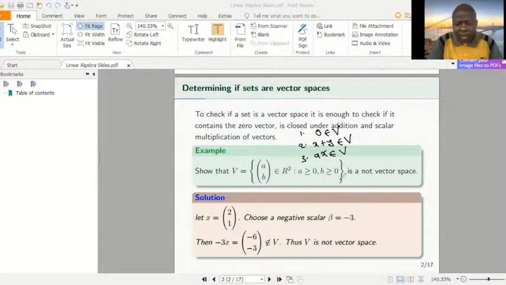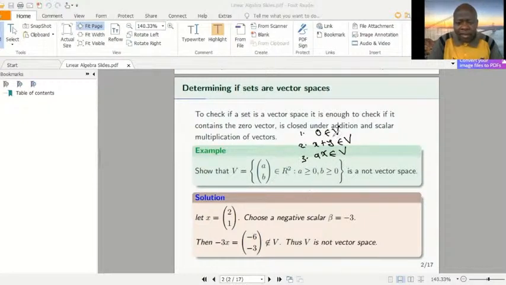But if it's not a vector space, as the question is saying, just think of which of these properties is not satisfied and just give us that. You don't need to give us all three properties. Just think of one that you believe will not be satisfied by this set. That is the one you give us.